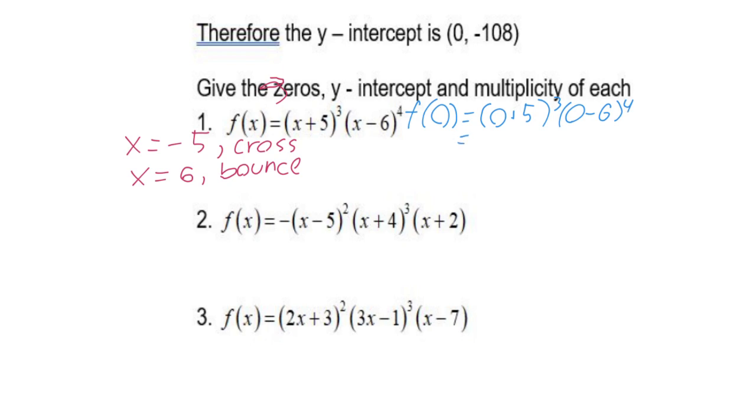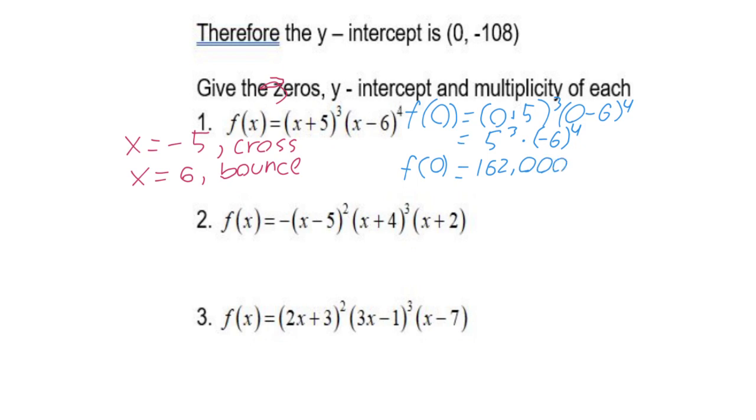Well, that's essentially going to be 5 to the third power times negative 6. It's the whole negative 6 to the fourth power. Plug those into your calculator, and we'll get a y value such that f of 0 is equal to 162,000.